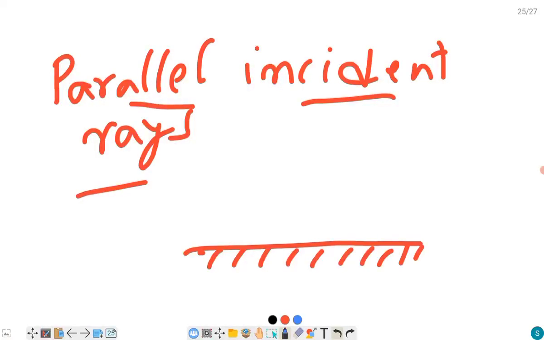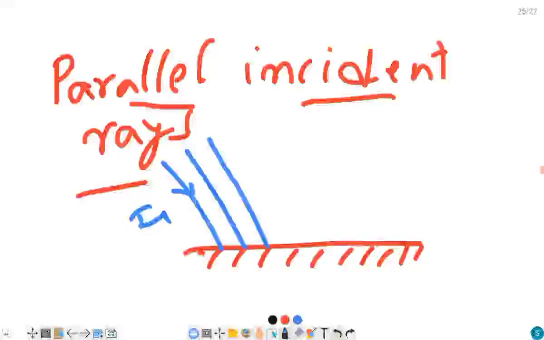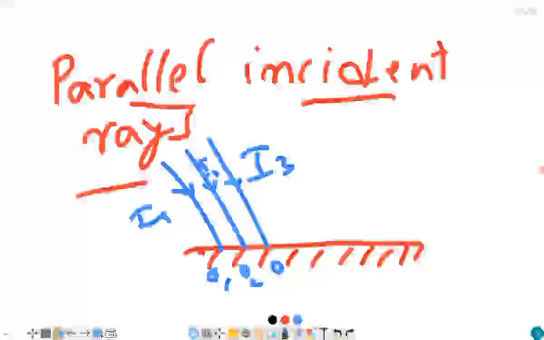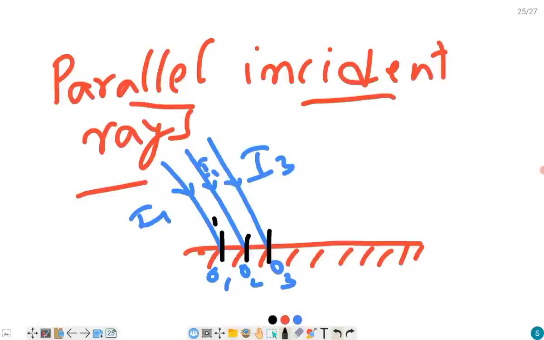Now I am taking a parallel beam of light. I1, I2 and I3 are the three rays and O1, O2, O3 are the points of incidence. Then N1, N2, N3 are the normals.